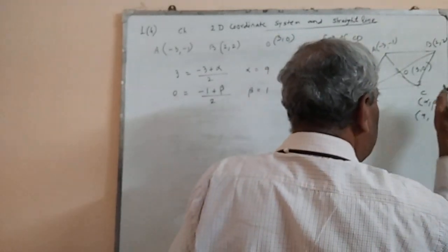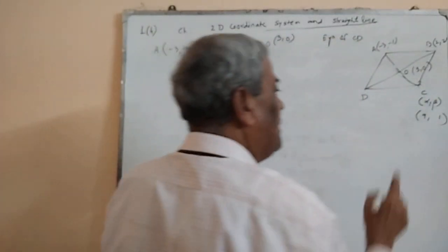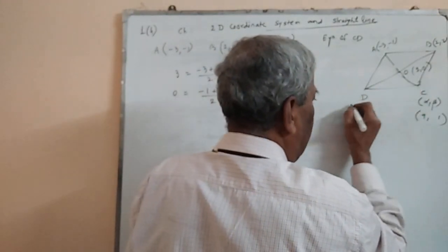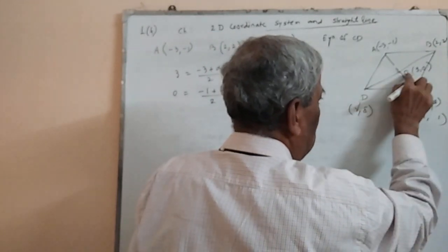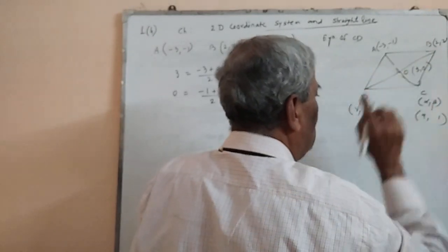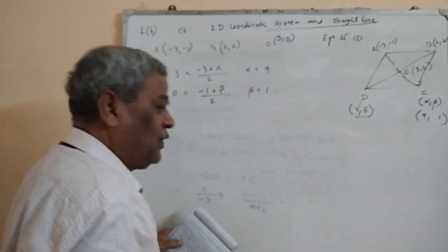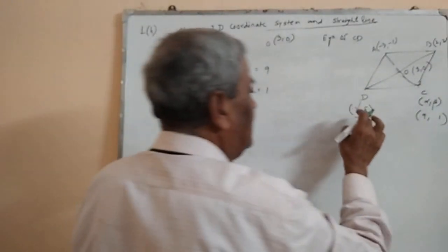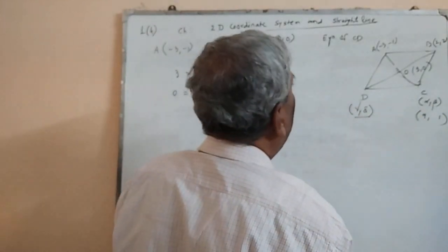So point C is nothing but (9, 1). By the same argument, we can calculate the coordinate of D. Let it be (gamma, delta). So O is the midpoint of B and D. So gamma and delta, by the same approach, we can very easily calculate. After calculating this and that, we can find the equation of CD.